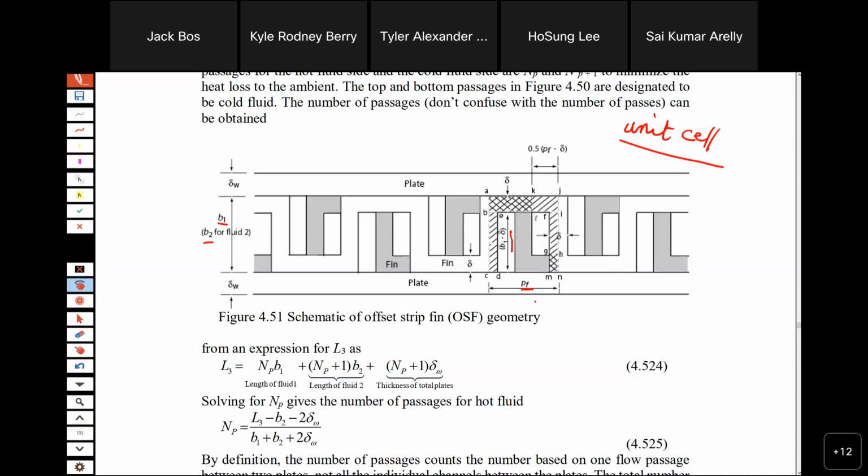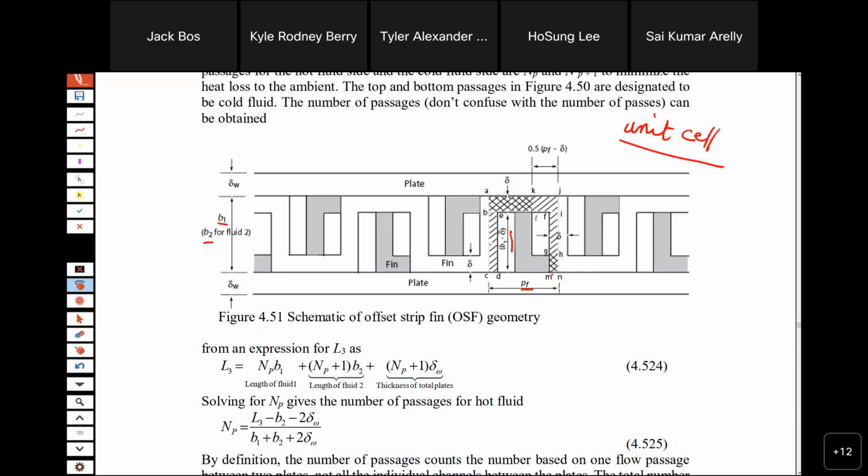If you look carefully, the fin is repeating, with the offset and something like a wave.